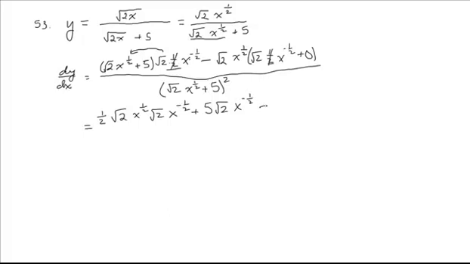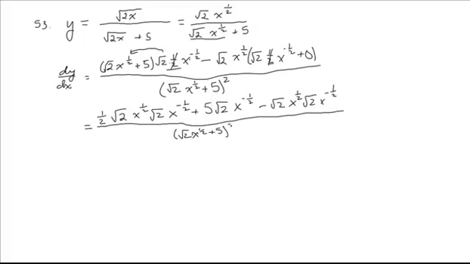Here at the end, we've got minus square root of 2 x to the 1/2, square root of 2 x to the minus 1/2, all over square root of 2 x to the 1/2 plus 5, the quantity squared.